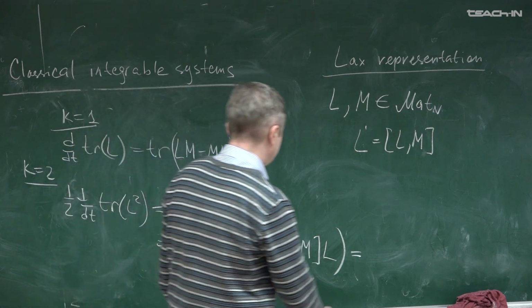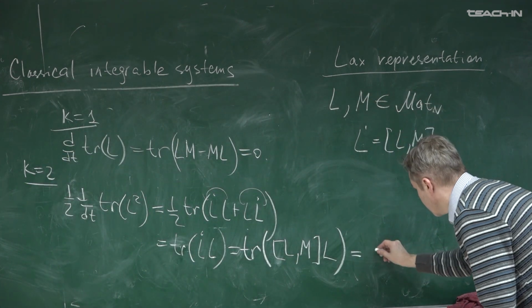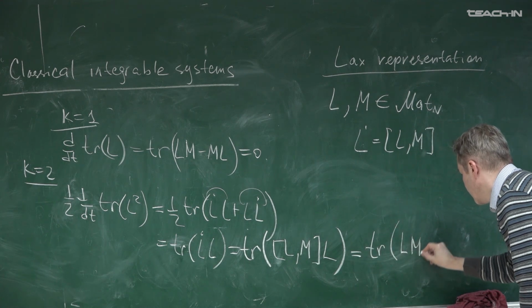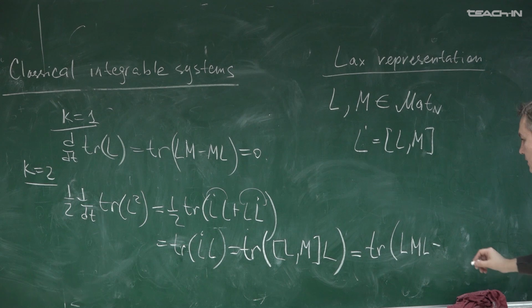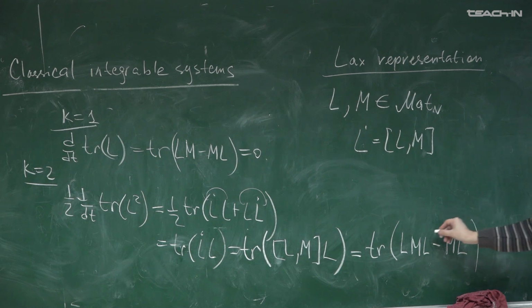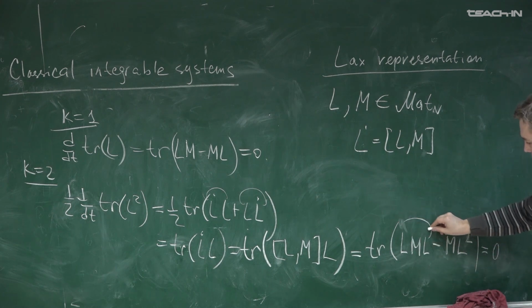Okay, let me write it here. So we have trace of L M L minus M L squared. And you again move this L to the left, or not this L, to the right, just to be the same, and obtain 0.